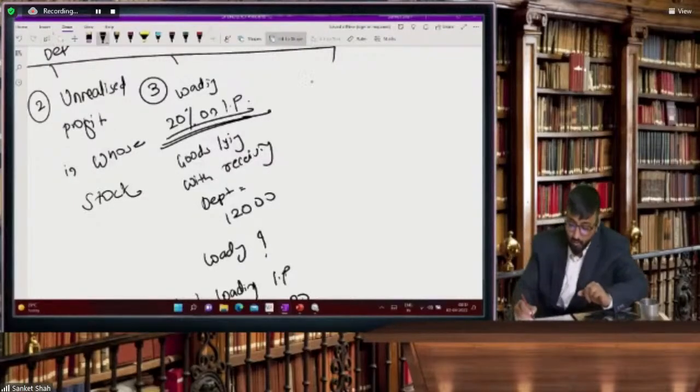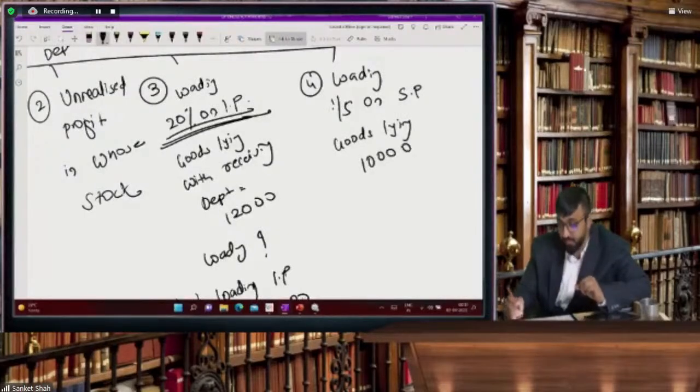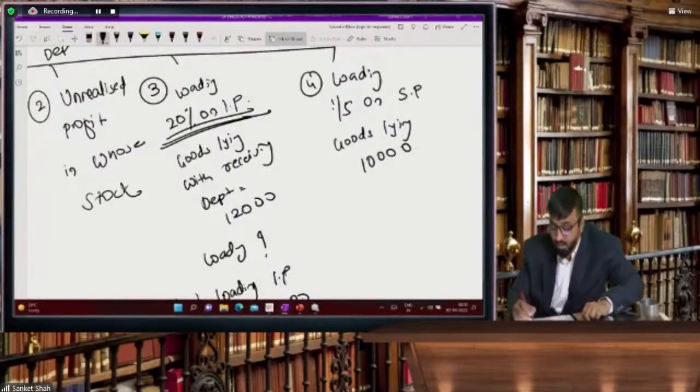Number 4. Loading is 1/5 on selling price. Goods lying 10,000. Sorry, not 1/5.